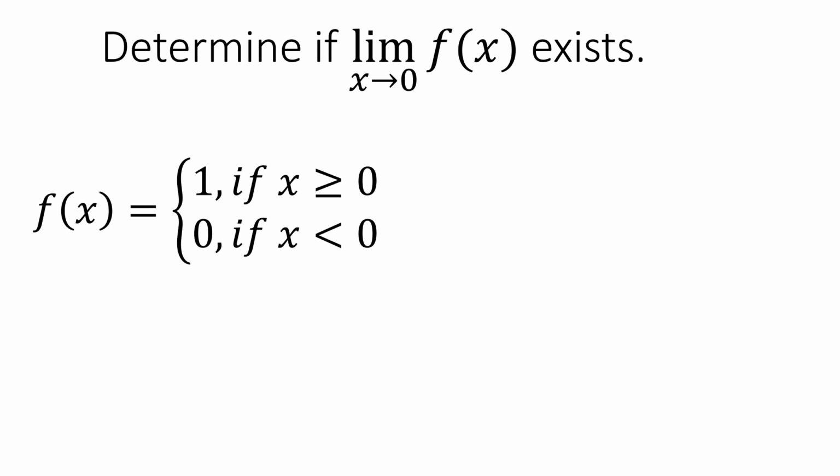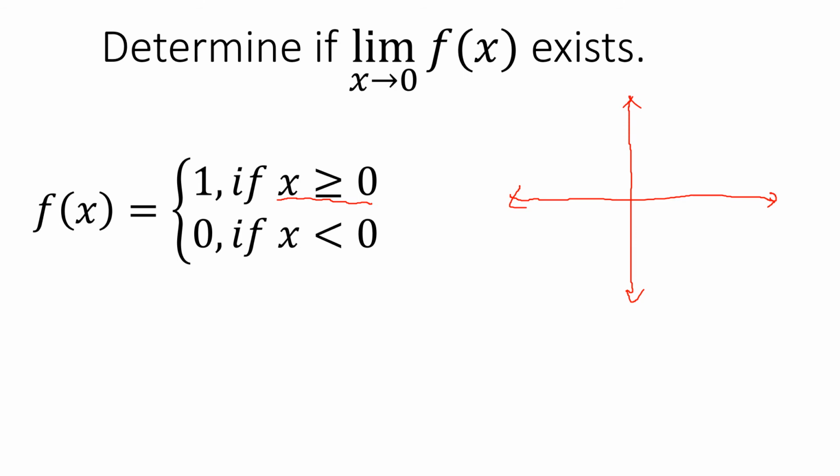Now let's have one example. Determine if the limit of the function f of x exists as x approaches 0, and the function is this one here. Okay, so again, because it's a piecewise function, it will be wise for us to graph. So let's go ahead and graph the function here. First it says that for x values bigger than or equal to 0, the function is just 1.